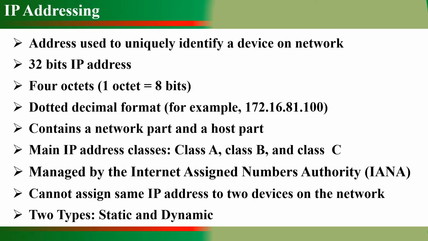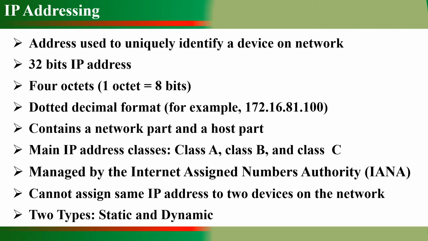An IP address consists of 32 bits. 8 bits form 1 octet. So an IP address consists of 4 octets. Normally, IP addresses are written in dotted decimal notation.